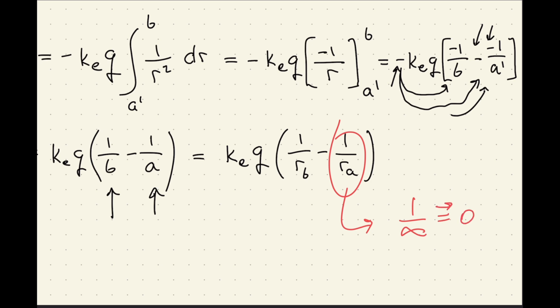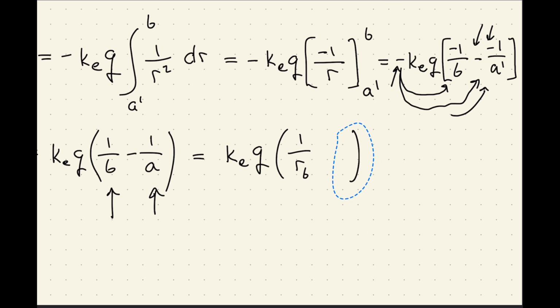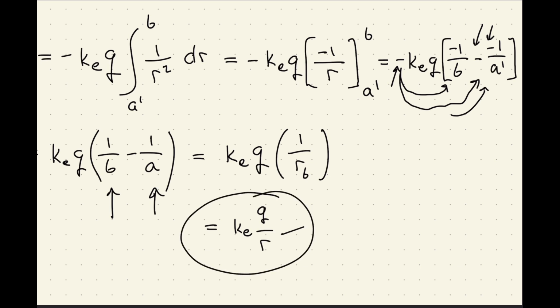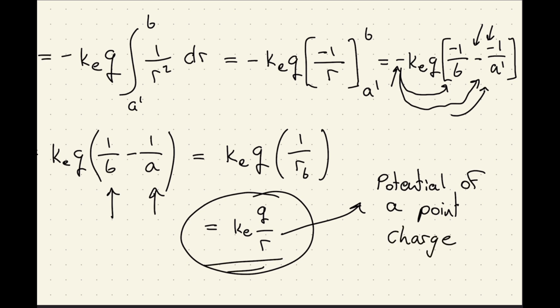So the entire back half disappears, and we get this simplified integral. You can simplify it as KE Q over R. This is typically considered the potential of a point charge, considering the reference point is taken at infinity.